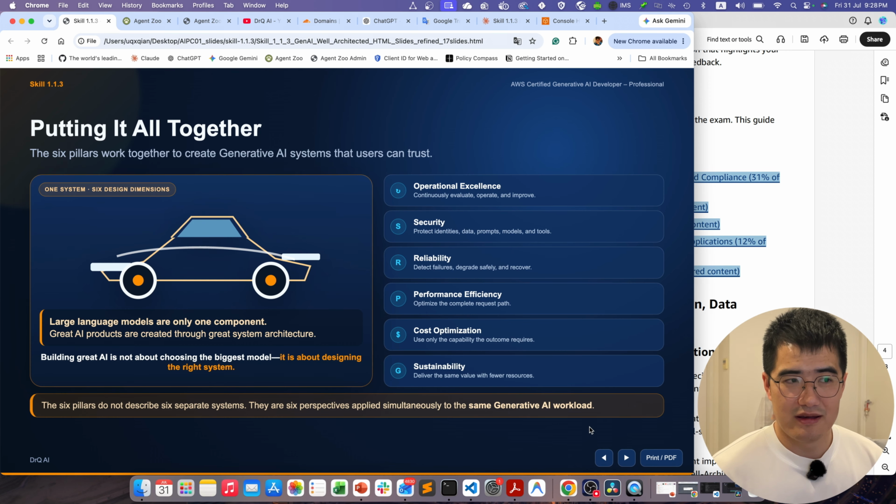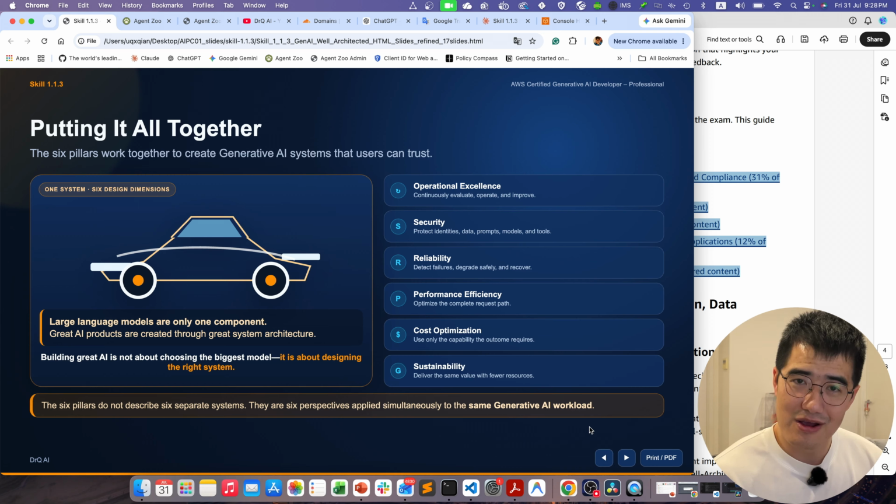Overall, I think that's all for today's video. To summarize this skill, I think this skill is not important at all. There is no question about how many pillars there are in generative AI and which is the right pillar. You don't have to worry about this, and if you do not know any of those pillars, it doesn't affect how you build your platform at all.